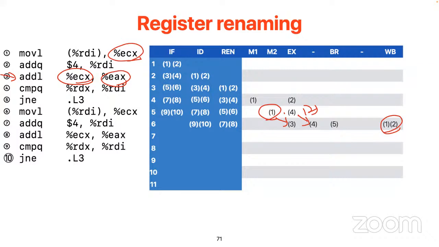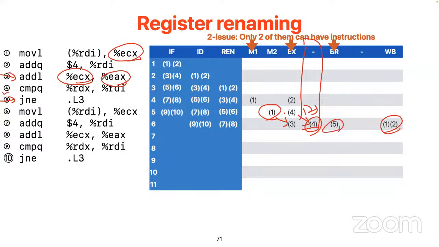Because this is already an idle slot, even though there is another instruction here, it doesn't affect our capability to issue one more instruction. So 5 is available after 4 finishes, so you can actually put 5 here.